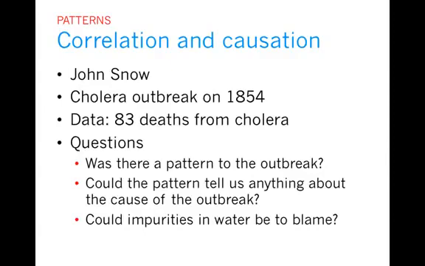Really, the ultimate thing he wanted to find out is whether we can find the cause of the outbreak, and whether the pattern will tell us anything about the cause, so that they could have interventions to hopefully decrease or stop the outbreak. One of the hypotheses he had was, could impurities in water be the cause of the outbreak?